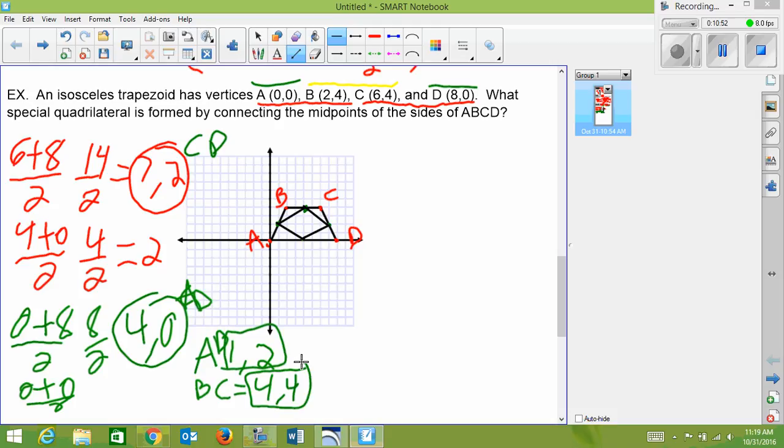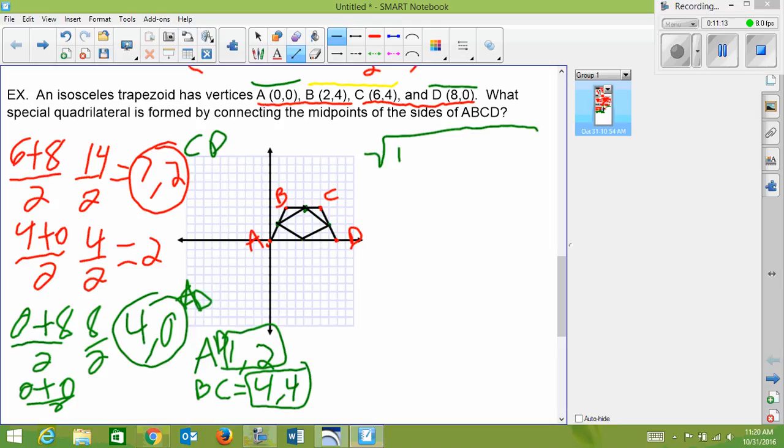So the first thing I'm going to do is, let's do the A to the B. So I'm going to do this one to this one, this side right here, using these 2 points. Distance formula. So I have to go back to this formula.